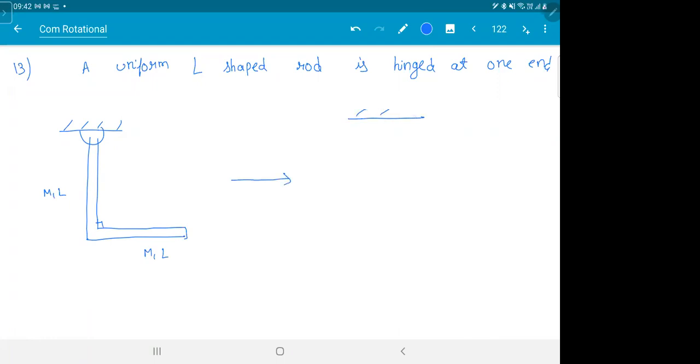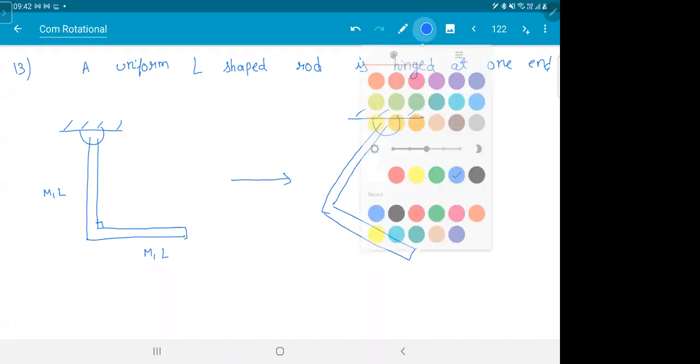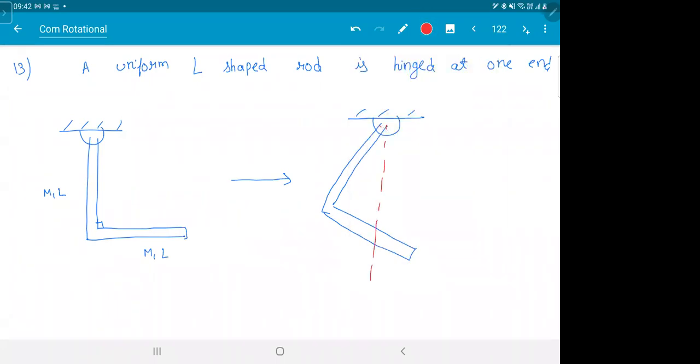It becomes like this. You can try this thing. Normally, if you keep an L-shaped rod, it doesn't stay like this. So this is how it looks in equilibrium. When you hold an L-shaped rod at one end, it looks like this, the L shape. The question is, find theta in equilibrium.